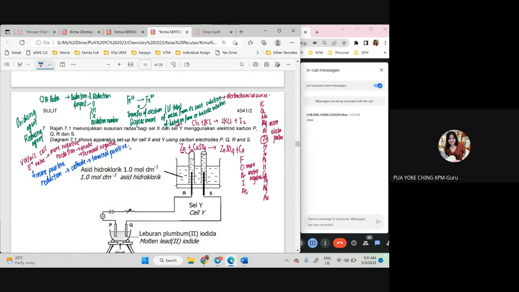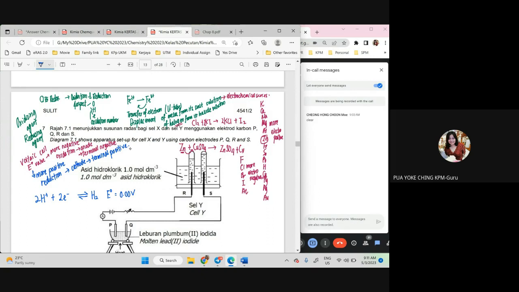Beside of this one, okay, for the KSSM syllabus, your half equation is actually given. You must remember, if you are given a half equation with E0 value, for example, you will get like this: 2H+ + 2e- reversible H2, E0 equal to 0.00 volt.